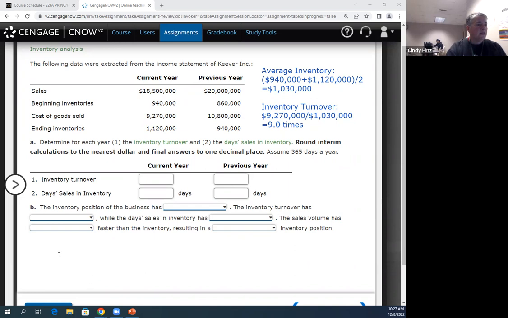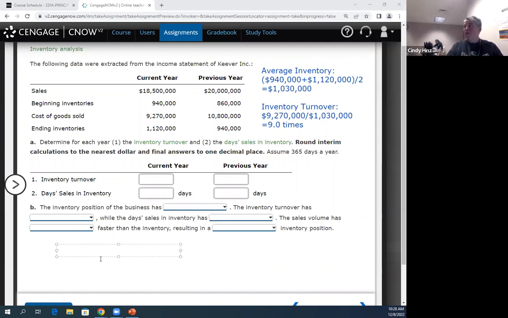As I told you, the textbook gives us a more complicated calculation for days sales in inventory. I'm really unclear why they do that. If you weren't calculating inventory turnover first, I guess that's one advantage of their formula for days sales in inventory. And I'm not even giving you that formula. If you're interested, you can look it up in the book.